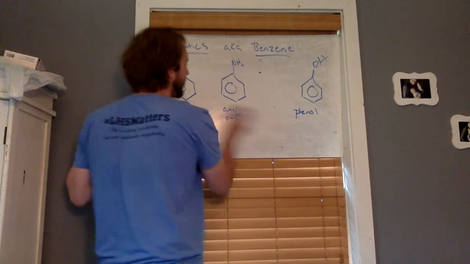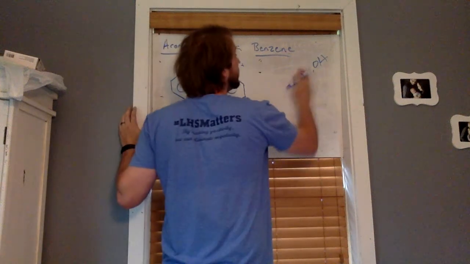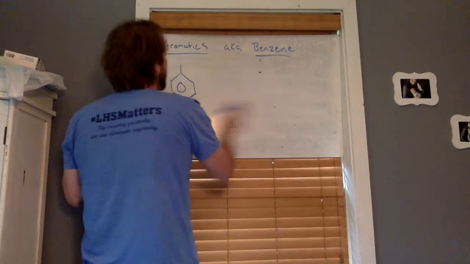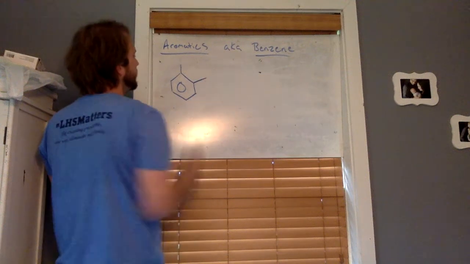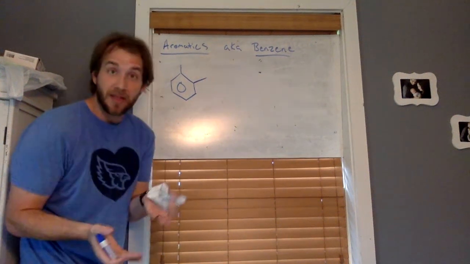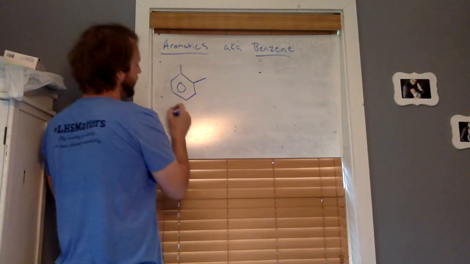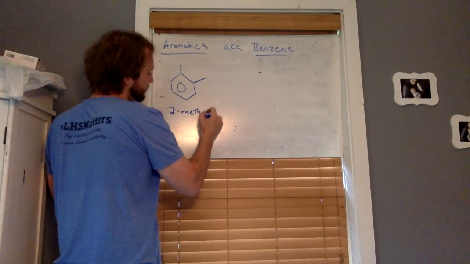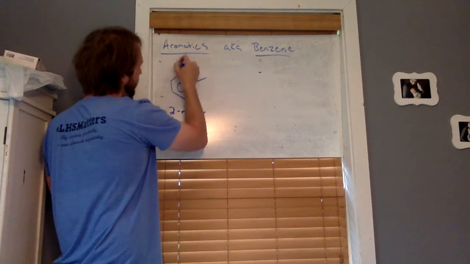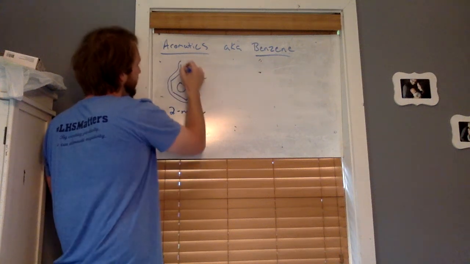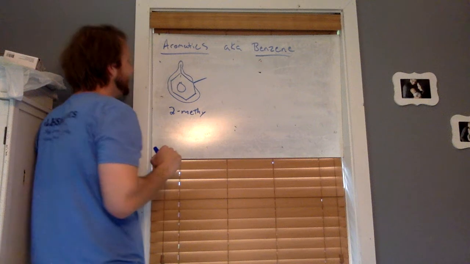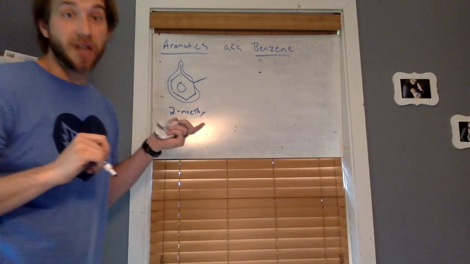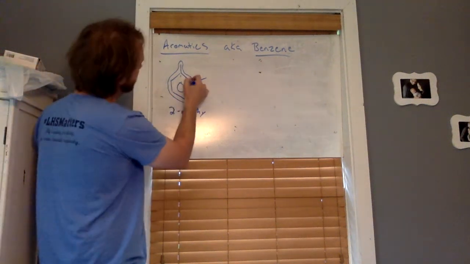But oftentimes when we get that benzene ring, we just start plopping functional groups on there. And so say you had something like this, you could go about naming this in one of two ways. You could say that this is 2-methyl, because if we're going to call this our base structure, our toluene, this would be the two location.